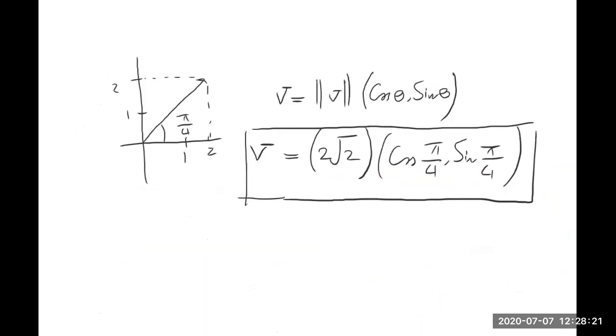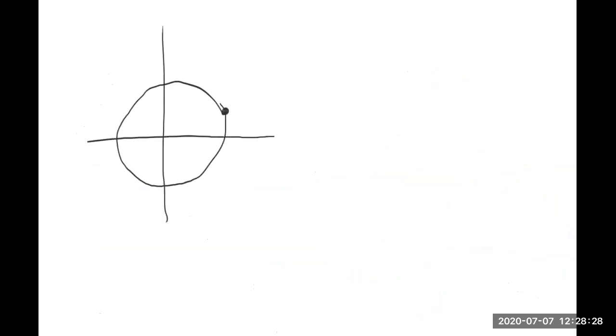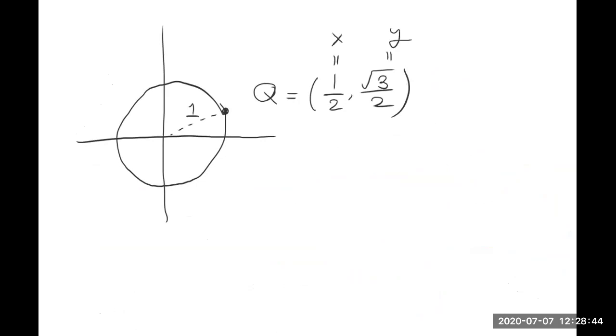Let's look at another point on the circle. Let's take Q here, another point on this circle with radius 1, with coordinates 1 over 2 and square root of 3 over 2. Here, x is 1 over 2, y is square root of 3 over 2.